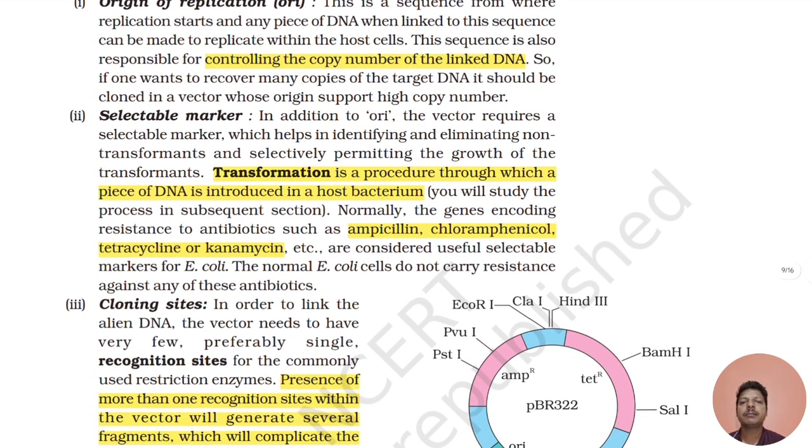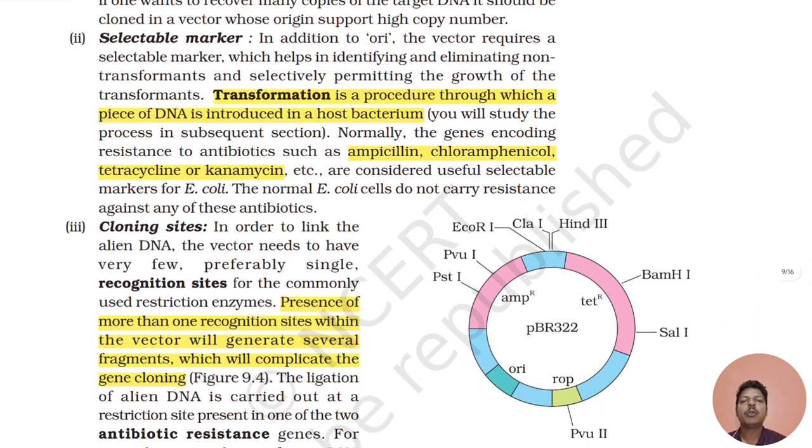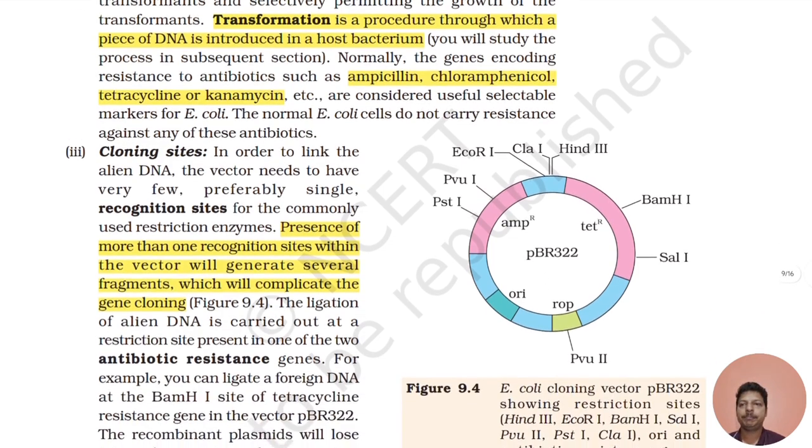Then selectable marker. Transformation is a procedure through which a piece of DNA is introduced into a host bacterium. Normally, the genes encoding resistance to antibiotics such as ampicillin, chloramphenicol, tetracycline and kanamycin are used.